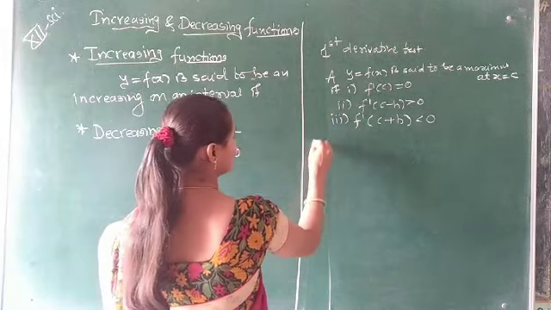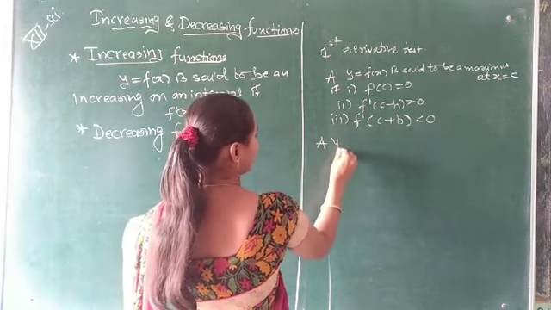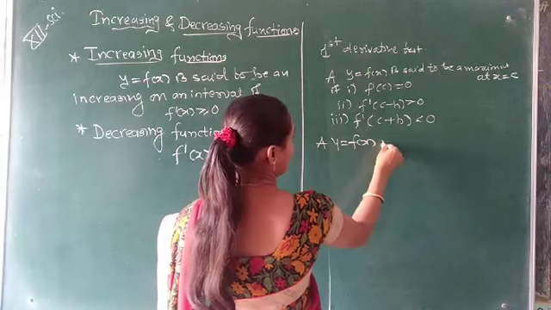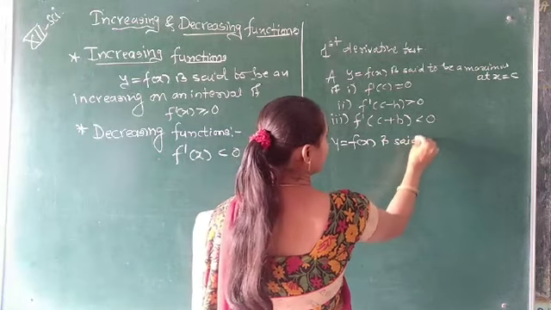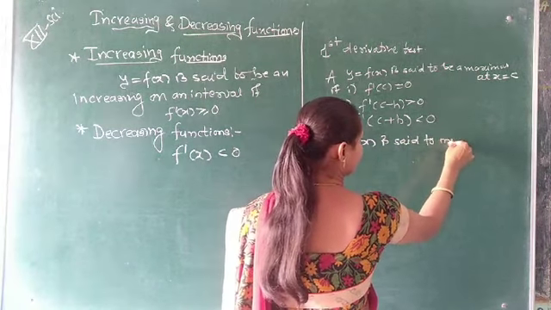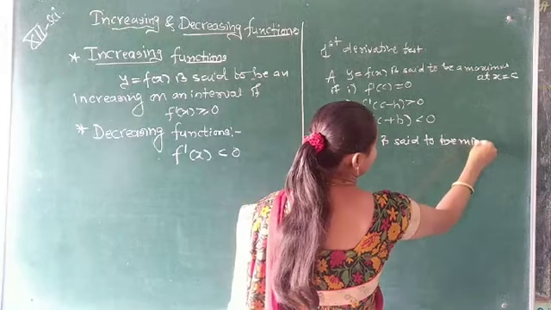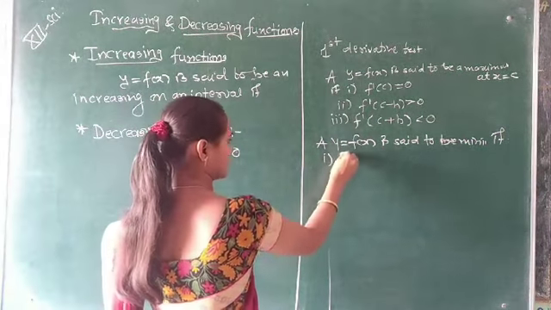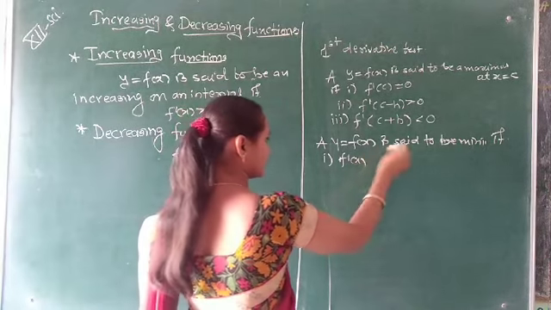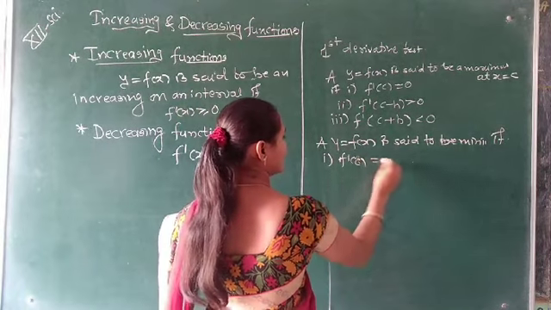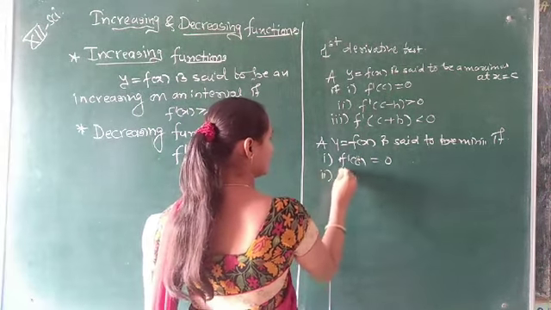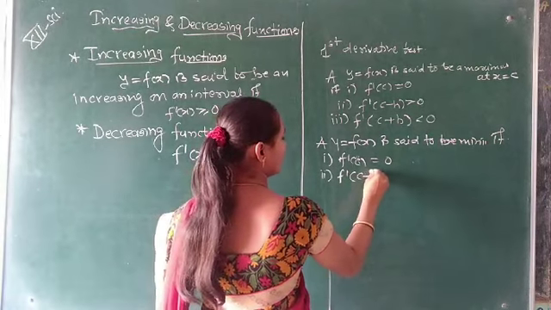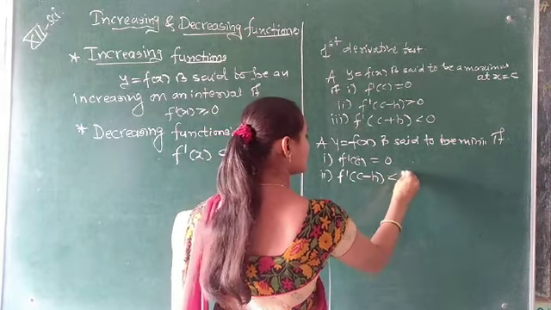And the function y is equal to f of x is said to be a minimum if it satisfies three conditions at x is equal to c. Again f dash of c is 0. Second, f dash of c minus h is less than 0.